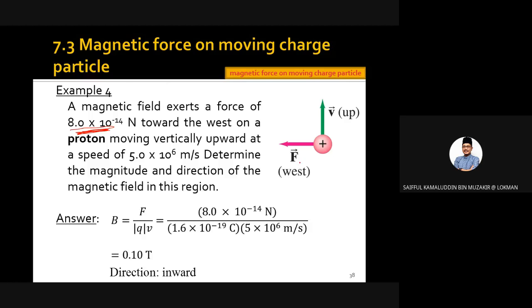Towards west. Whenever the direction is given like this, you should be able to sketch it. Just remember the directions: this is north, this is south, this is east, this is west. Whenever they mention west, make sure it's towards your left.